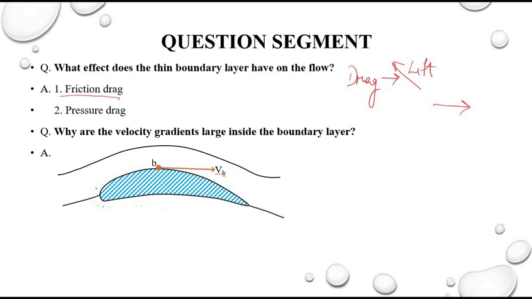Because of this viscous flow, there is a small contribution to the drag force of the aircraft, that is, the formation of friction drag. Now, there is a term called pressure drag that I have written here. How is it formed?